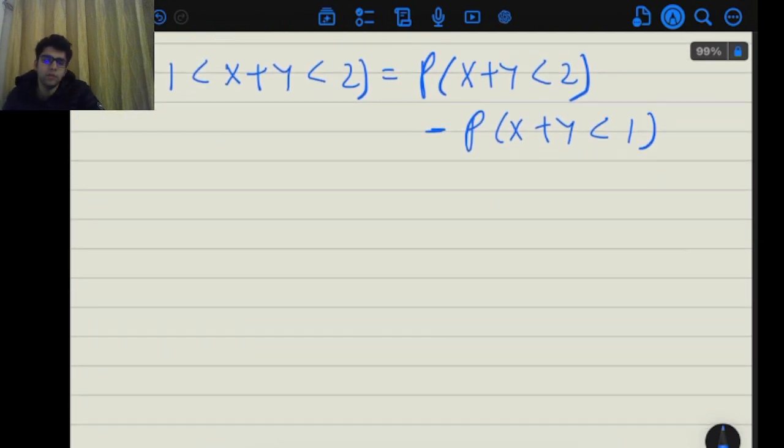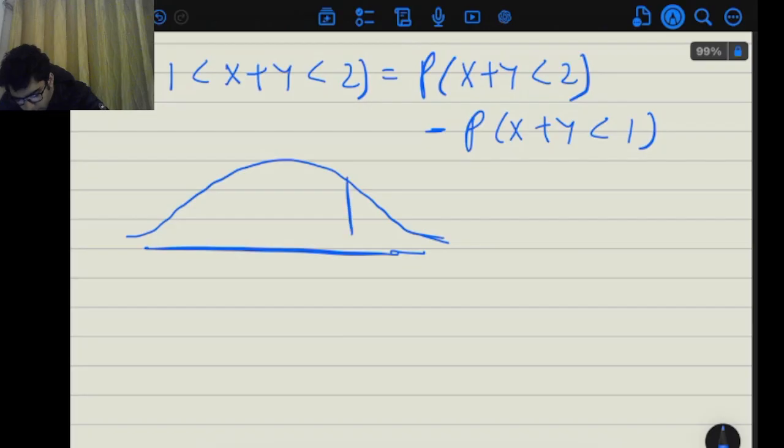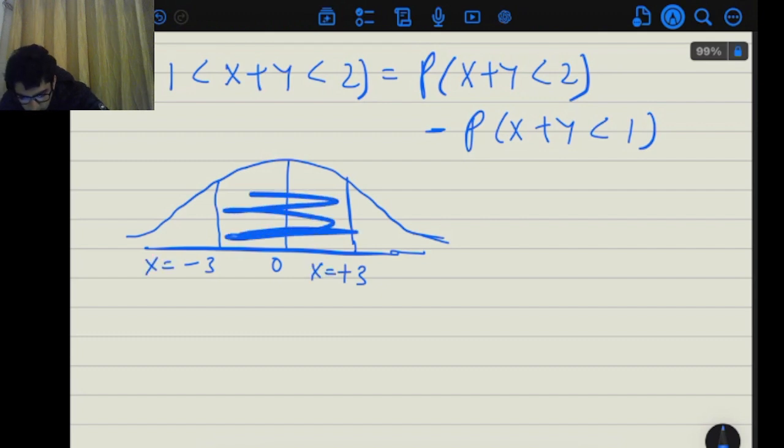Basically, if we imagine a bell curve, now there is no role of a bell curve here, but just to explain, if there was a bell curve and we need to find the probability between -3 and +3, so this is +3, this is -3, and this is 0. To find this probability, I can write the probability of x less than 3, the CDF.